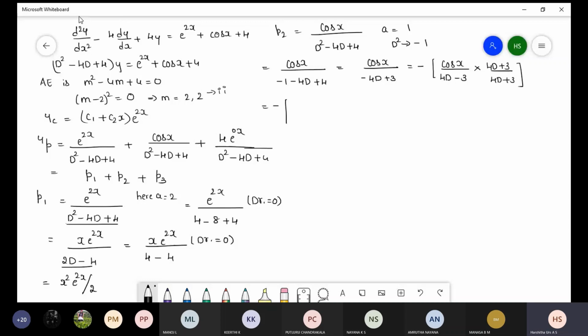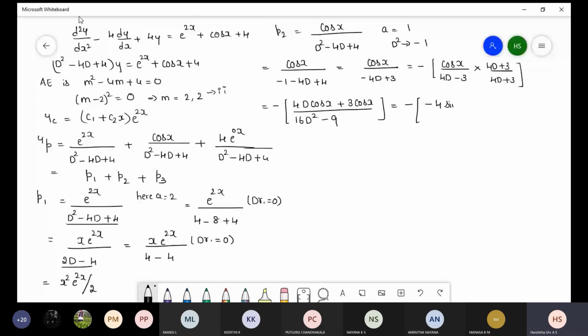Minus 4 differentiation of cos x plus 3 cos x divided by 16d square minus 9. So minus 4, here minus cos x differentiation is minus sin x plus 3 cos x.